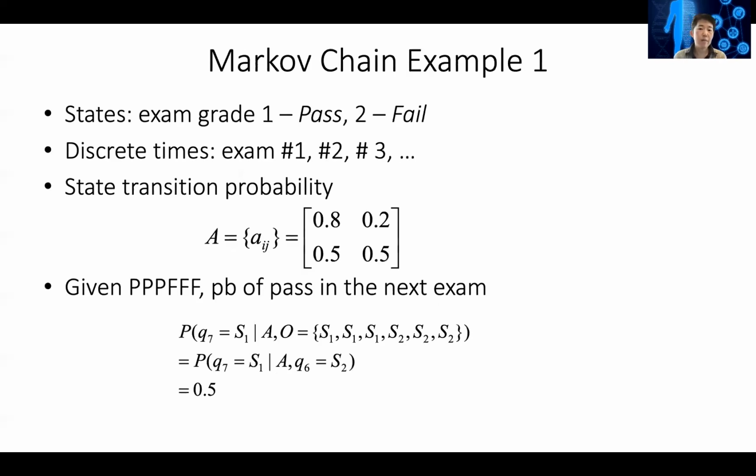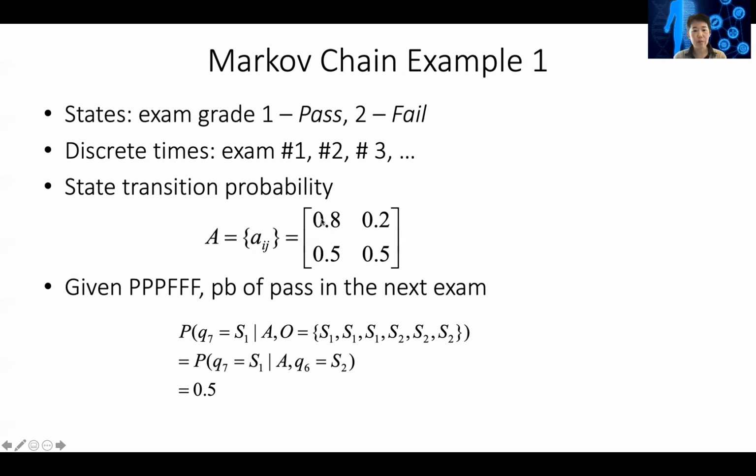And so in a Markov chain, we can imagine the following situation. If we know a student has exam grade for the previous exam as a pass, the states could be just pass or fail. The discrete times would be exam 1, exam 2, exam 3, and so on. And imagine we have the following state transition.